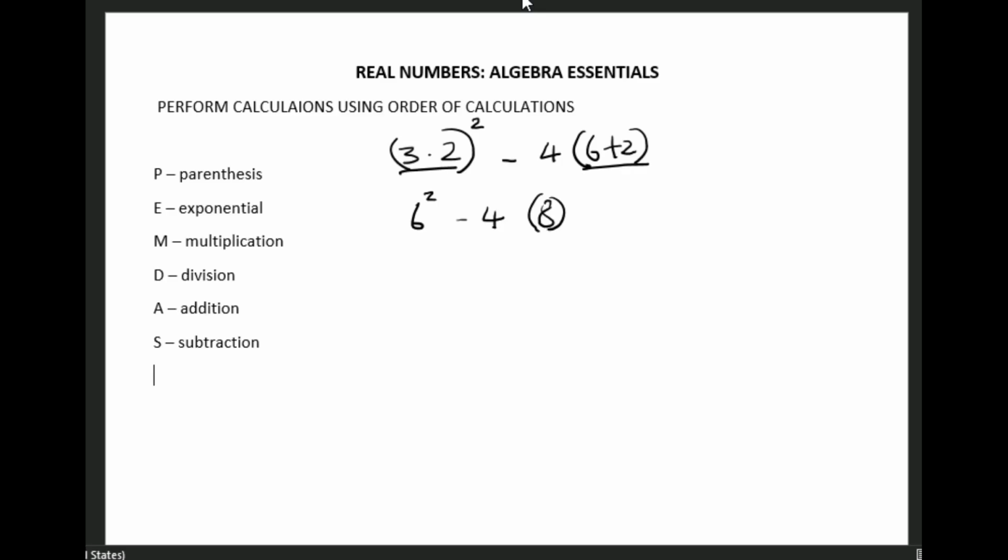Next thing is to square, that's exponential. 6 squared is 36. And I won't subtract because the next thing that follows after exponential is multiplication, and that's 4 brackets 8, because this bracket here means times. So 4 times 8 is 32. So I can now subtract, and that's 4.